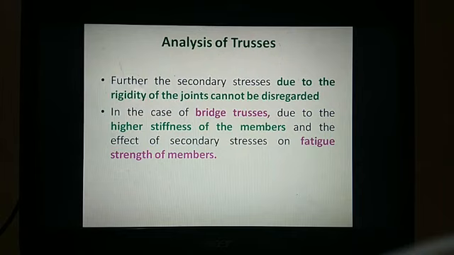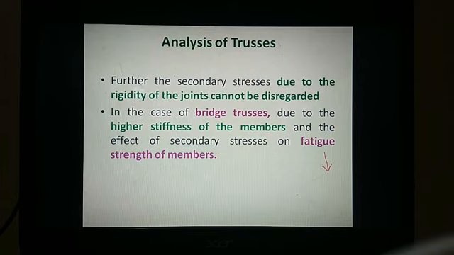In the case of bridge trusses, particularly due to the high stiffness of the members, you can consider the secondary stresses in terms of fatigue stress of the member. What do we mean by fatigue? Fatigue is nothing but reversal of stresses, a repetitive kind of load in bridges due to the moving load of vehicles, whether railways or roadways. Based on the moving load, there is a possibility of fatigue loads or fatigue stresses acting on the bridge truss members.